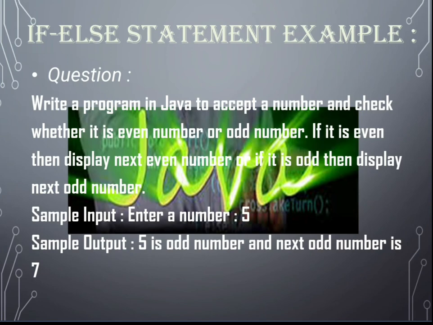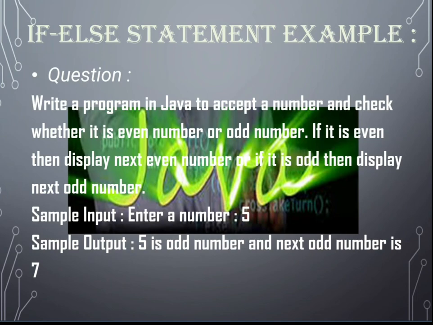I have written the sample input and sample output also, so that you can understand what I am demanding from you all. Means when a user is going to provide 5, we have to check whether 5 is an even number or odd number. If it is an even number, then we have to display 5 as an even number, and we have to display the next even number.